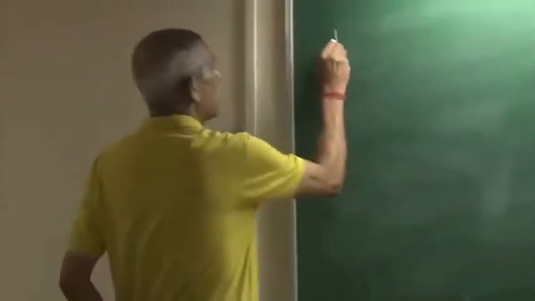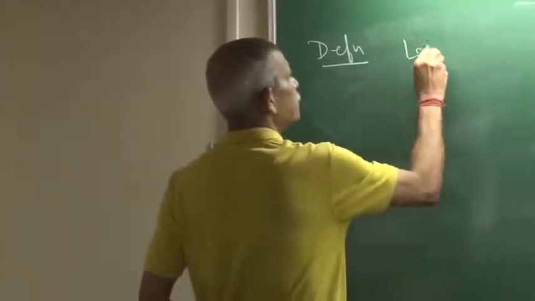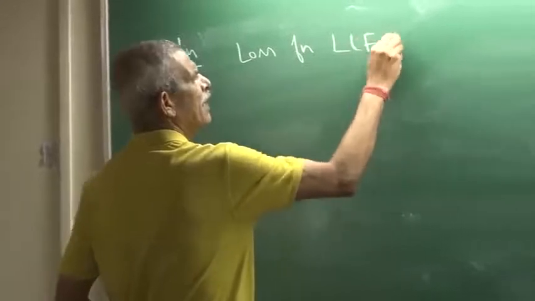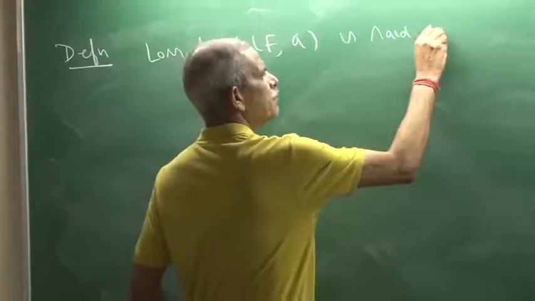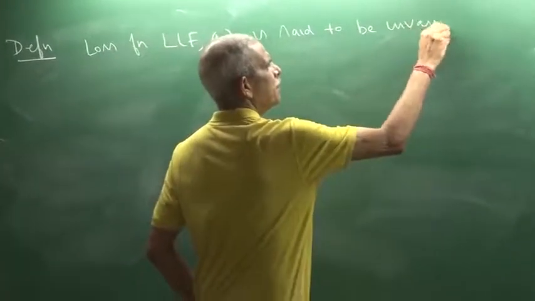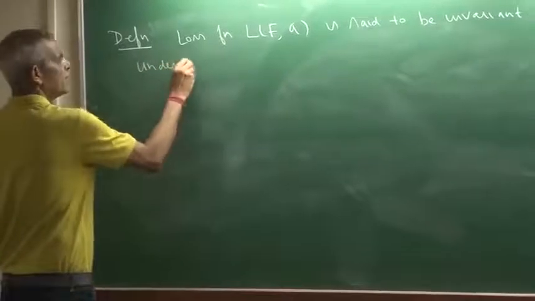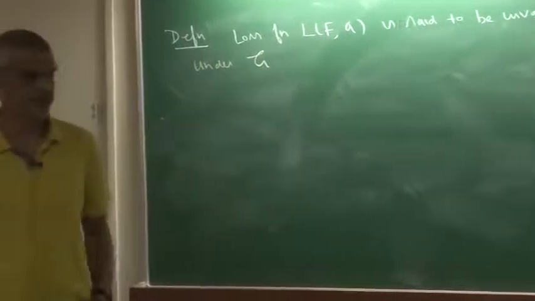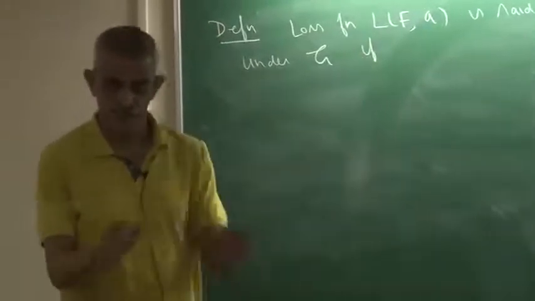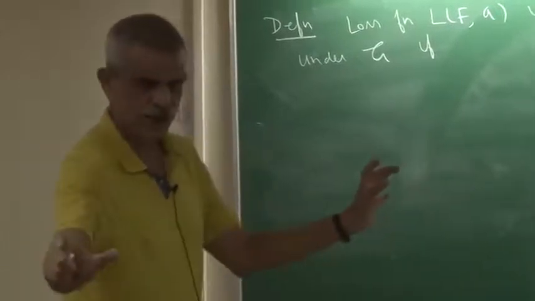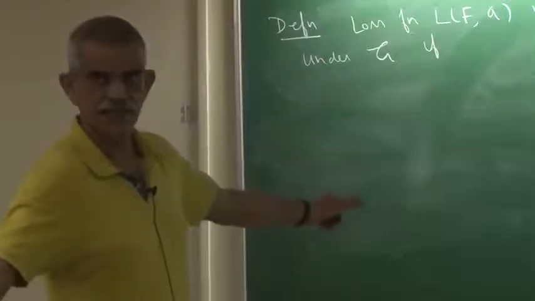A loss function L(f, a), or L(theta, a), is said to be invariant under the same group of transformations G, which was defined on the sample space, if the loss in the two problems remains the same. Here I was estimating f, there I was estimating g bar f.